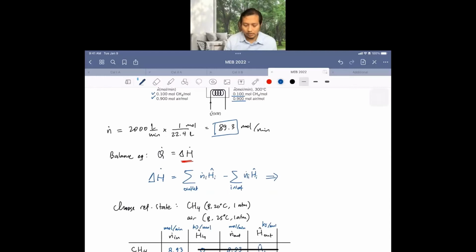We get delta H as 776 kilojoule per minute, and then we could convert to kilowatt.